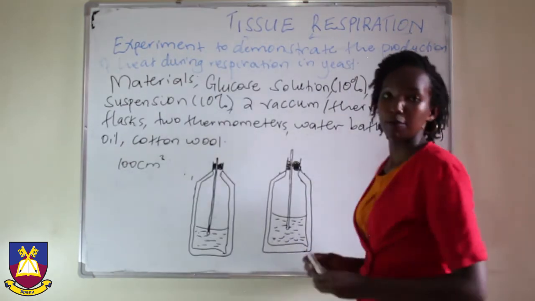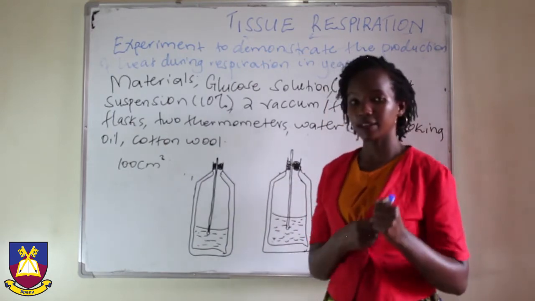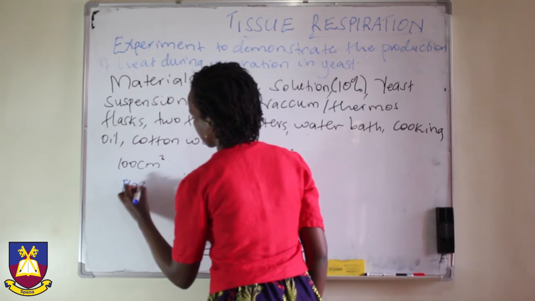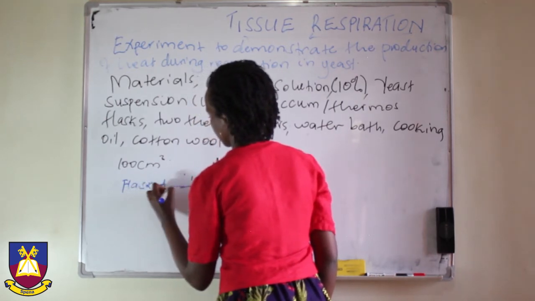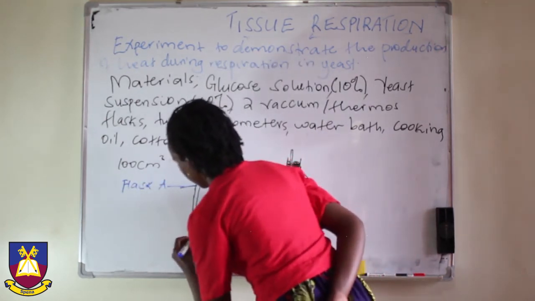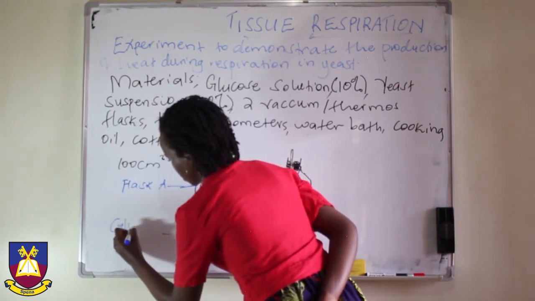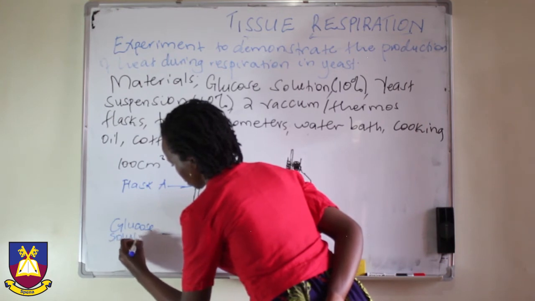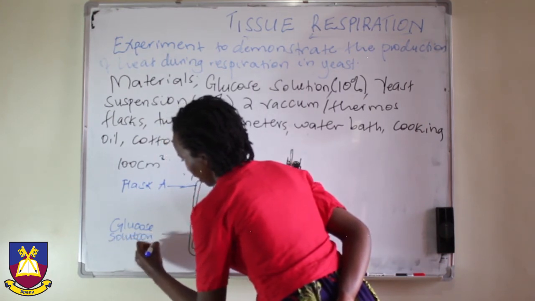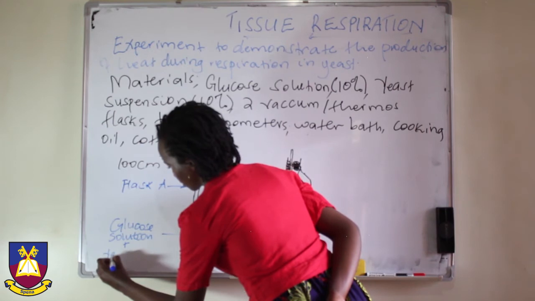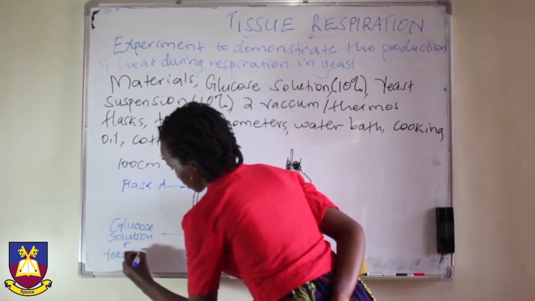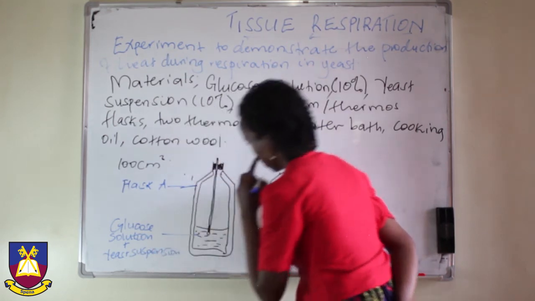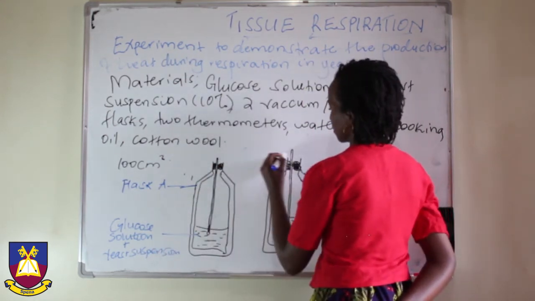So this is a diagram of the apparatus, and in this case we have a flask. Let's call this flask A. Now in this flask A there is a glucose solution and a yeast suspension. Both of these are our thermometers.